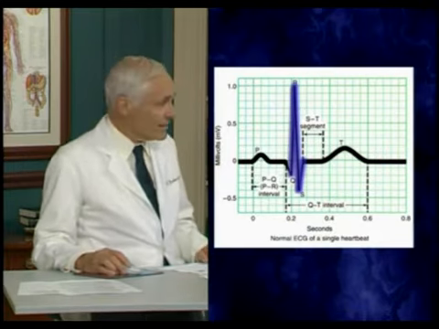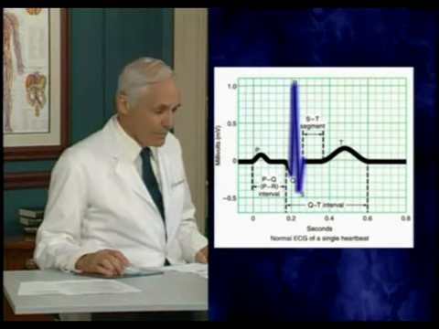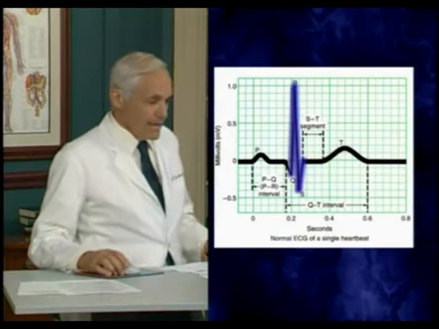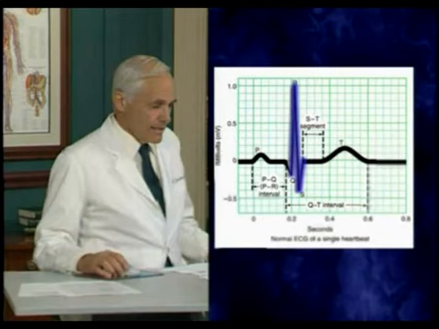We don't see the right side here, and the reason we don't see the right side is it takes up so much less thallium that we just don't get a good picture in comparison, because there's not that much muscle.